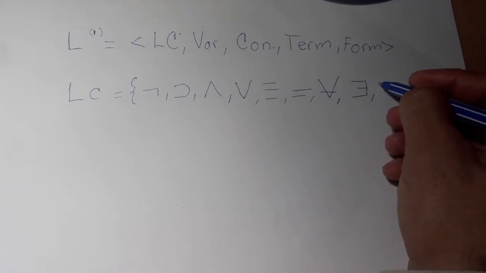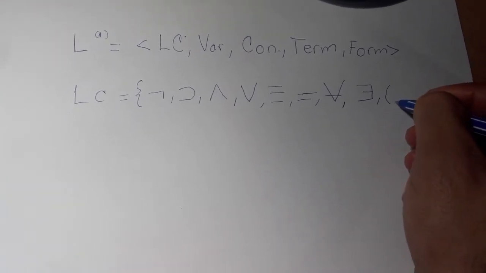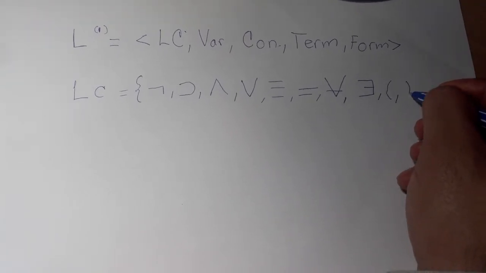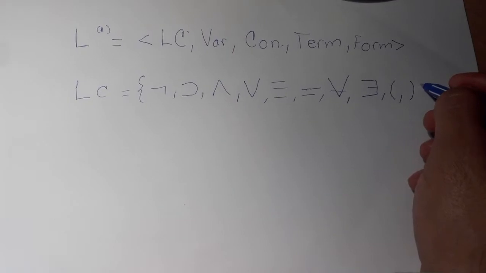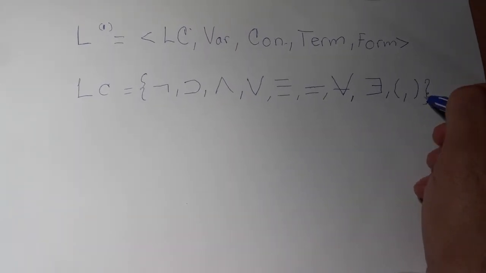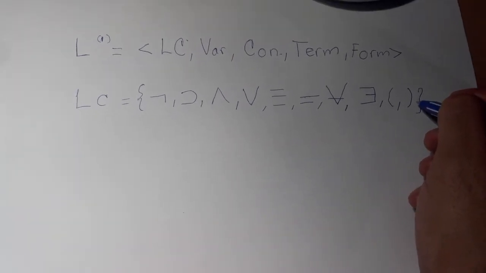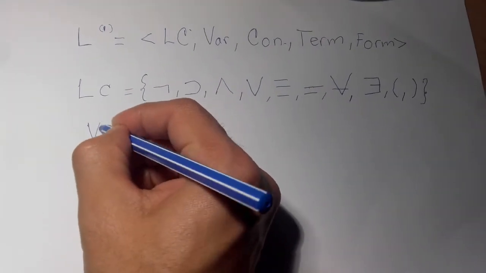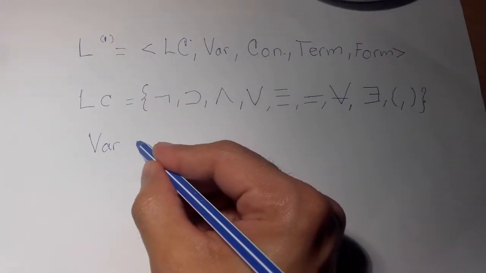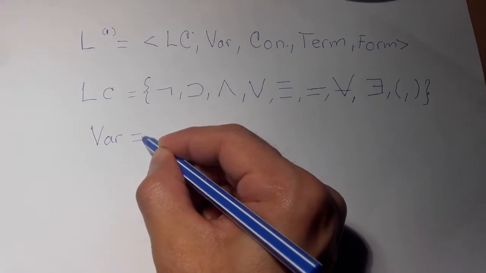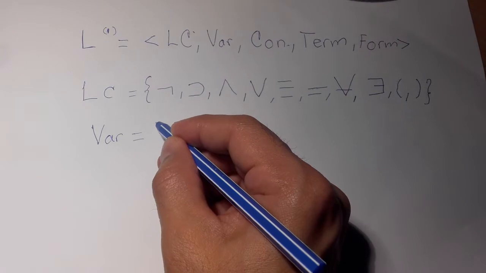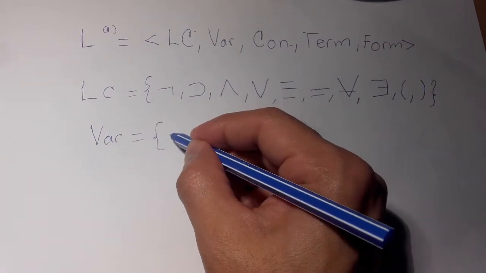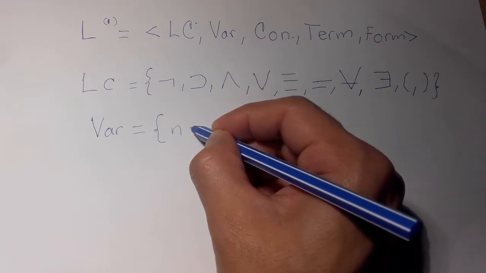This is really important to verify, to make some operations. And also we have the commas and the parentheses in this set, which are really, really important to formulate the logical constants. In the second part, we have the variables. And this is a new one, because in the variables we can define one set with the n.